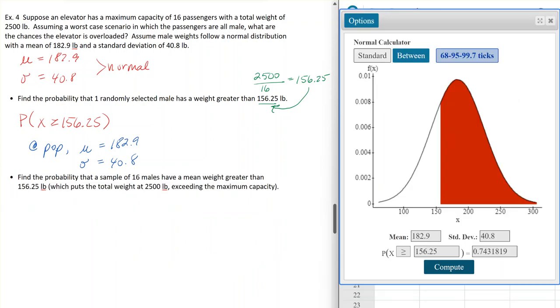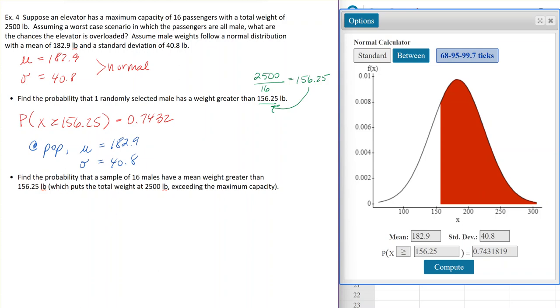Hit compute, and you can see that there is a 74% chance, or the proportion of times that happens is 0.7432. So it's a 74% chance that you're going to randomly meet some man off the street who weighs over 156.25.